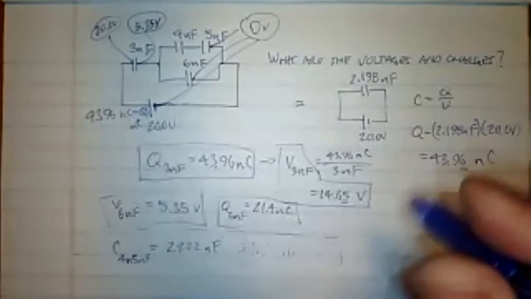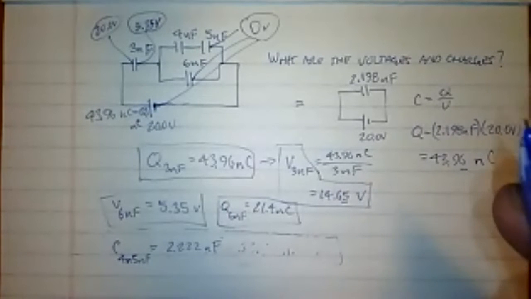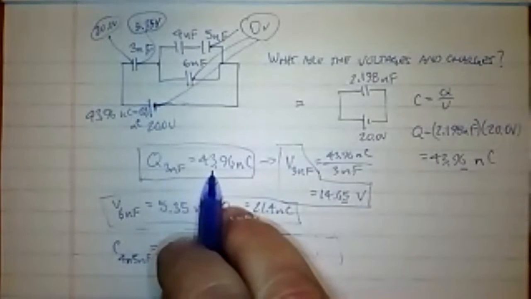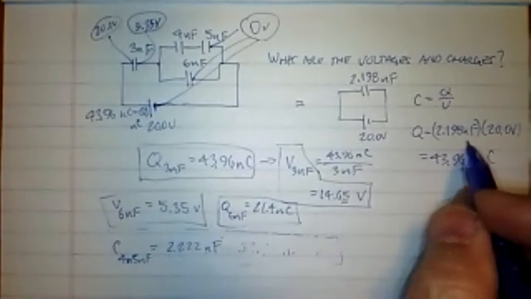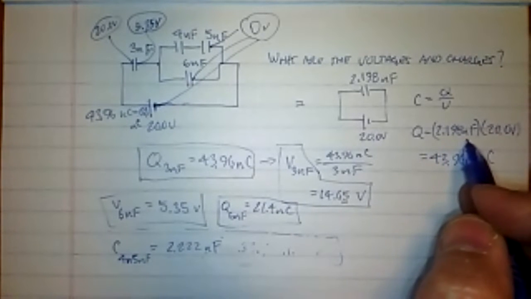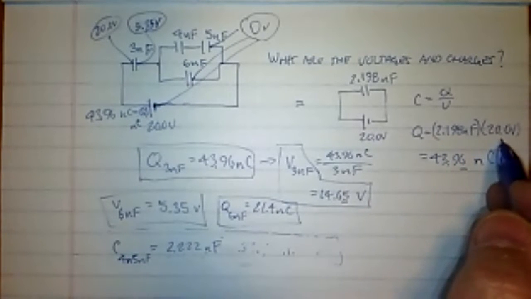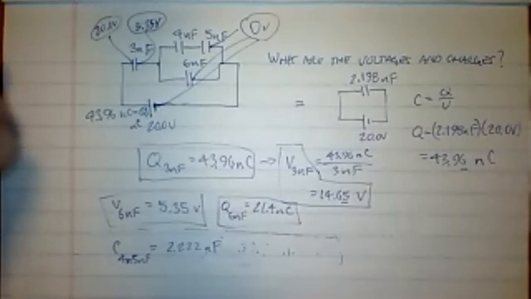So I want to check again because the numbers aren't looking right. This is the 43.96. Let's make sure I did that right. That's 2.198 nanofarads times 20 volts. So that gave me 40. Make sure my math is right. Make sure I typed in everything right.